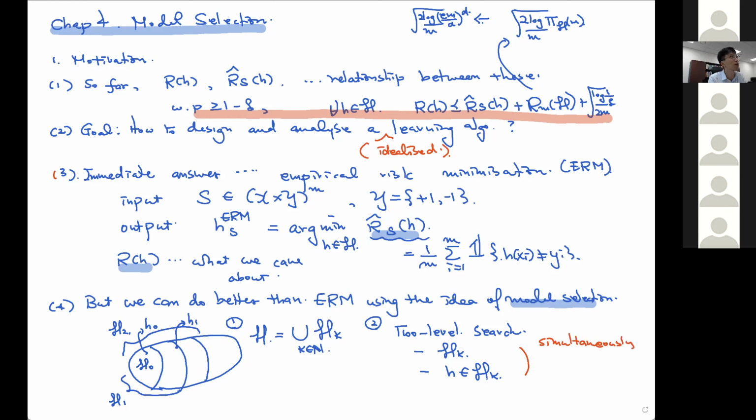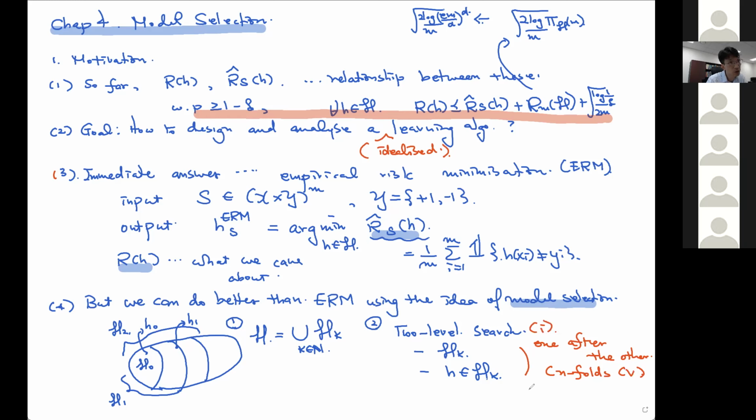No, so not simultaneously, one after the other. So you first find a good hypothesis set H_k, and then you find a hypothesis in that hypothesis set. That kind of approach, what we call N-fold cross-validation, is going to be one way to do this.